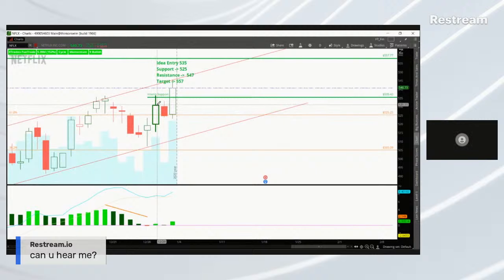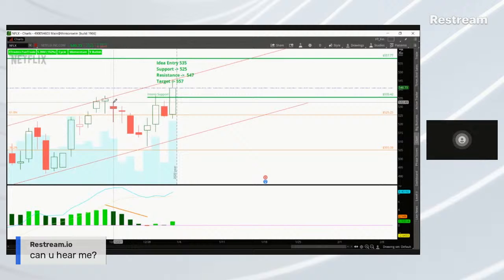On each day, I can see there is a price action of around $10. 520 to 530 here as well, 530 to 523. If I take an average on a daily chart, the stock tends to move around $7 to $10 every day.